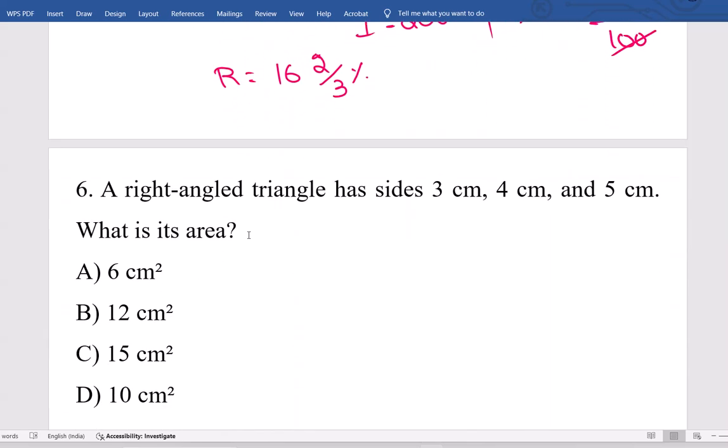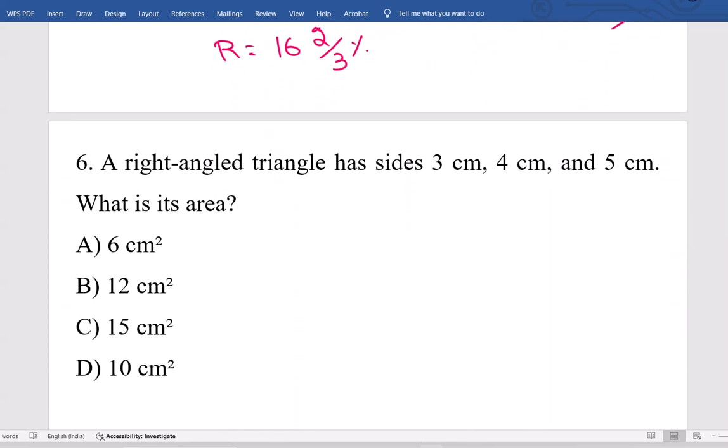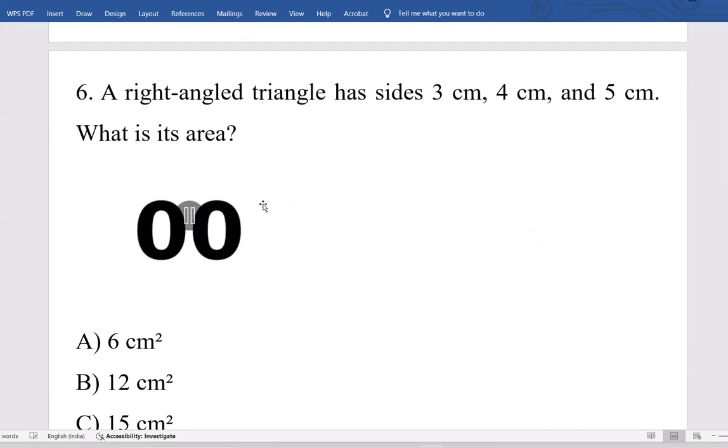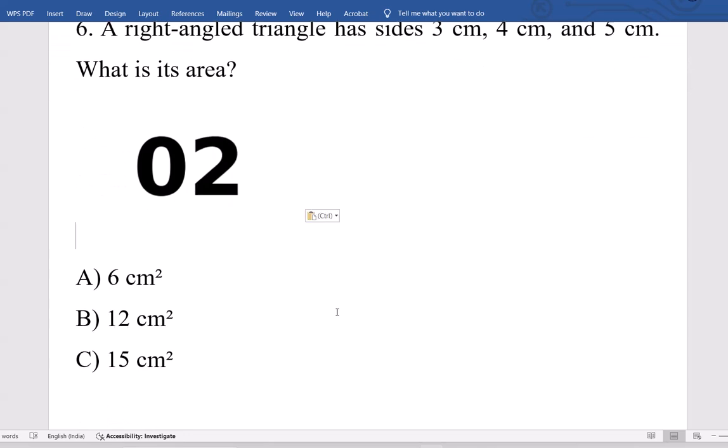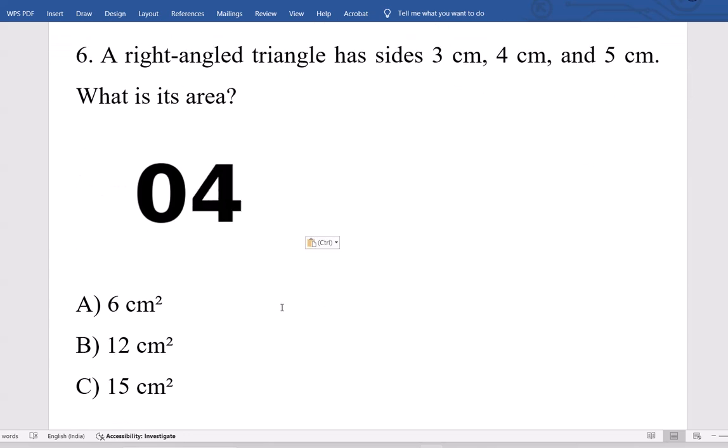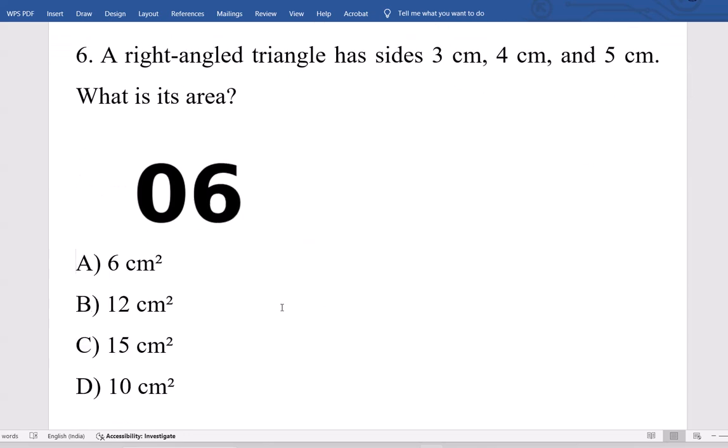Now let us see about this one. I'll again give time for you people. You have to calculate the area of a right angle triangle.